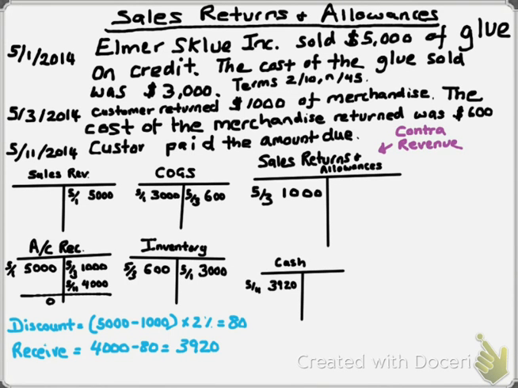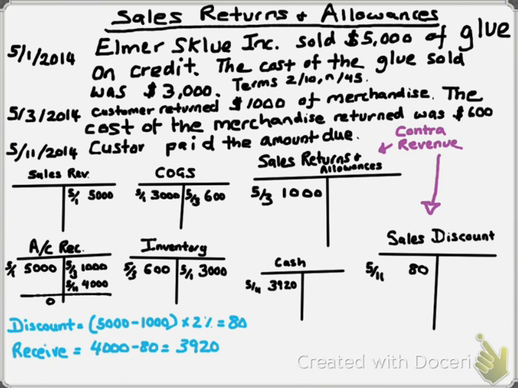So we've debited cash $3,920, credited accounts receivable $4,000. We're short $80, which is our discount. Remember, discounts go into a separate account called sales discounts, and that account is going to get debited for $80. If you remember, sales discount is also a contra revenue account.